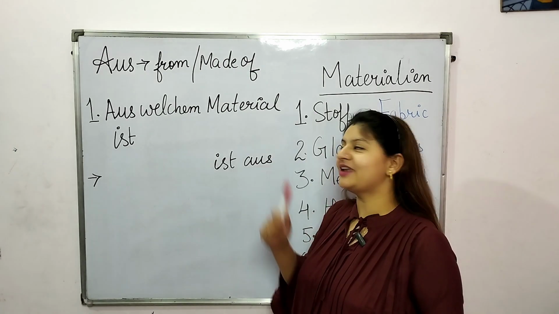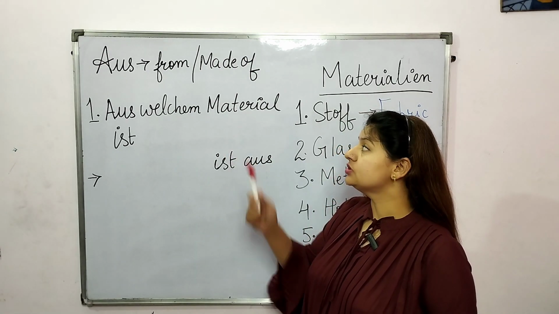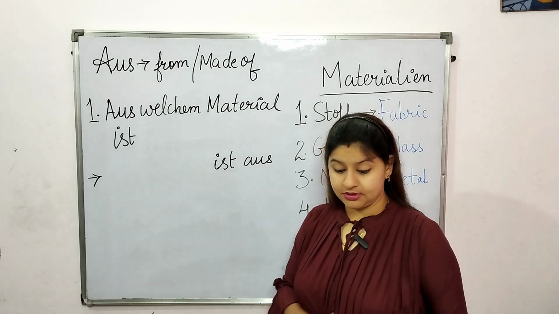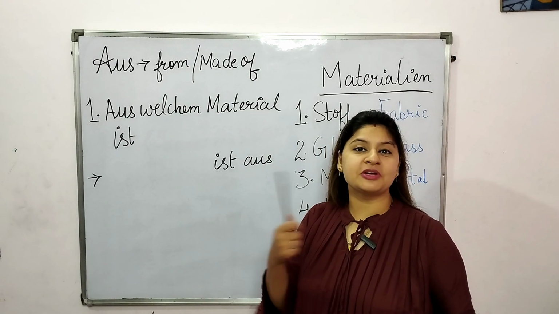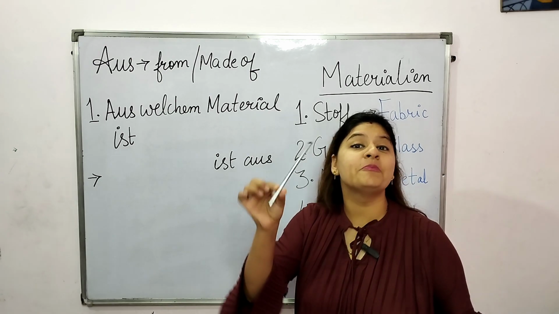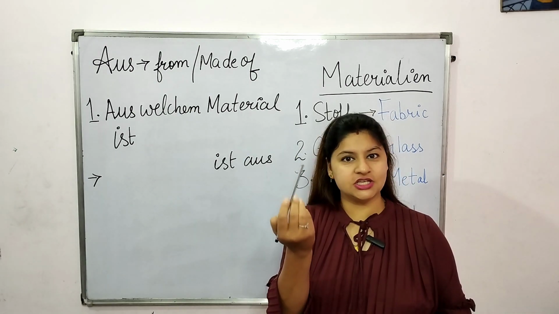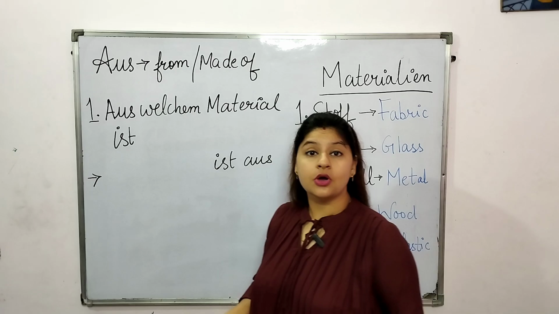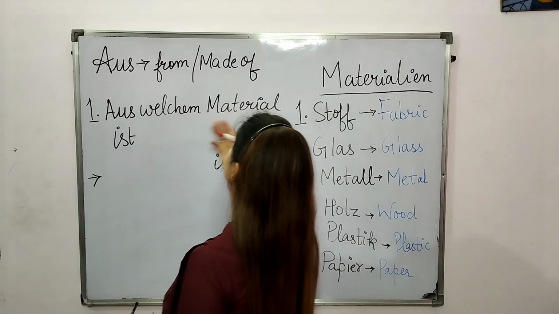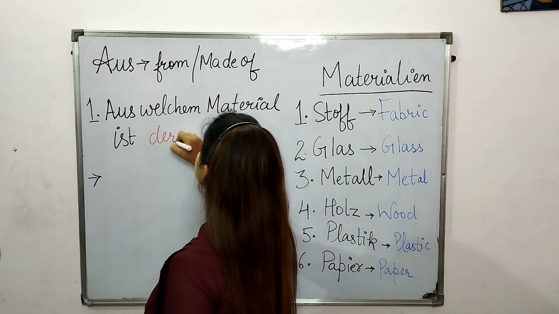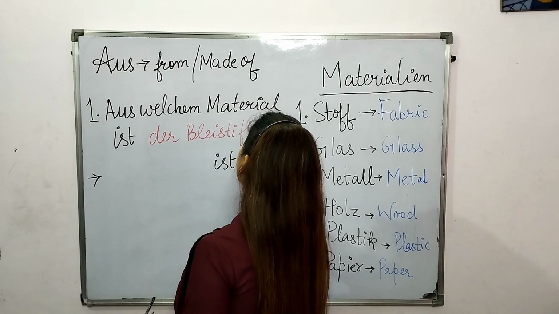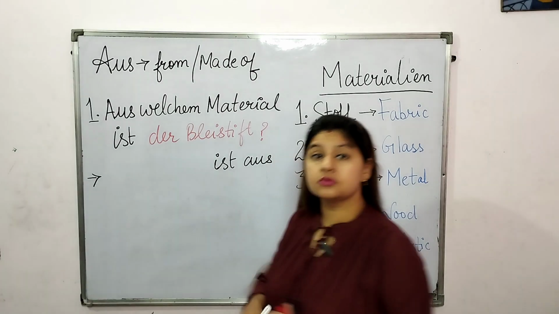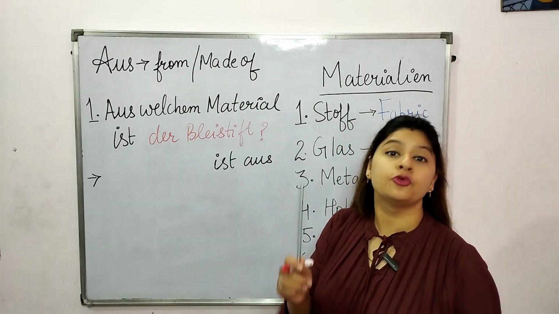So, moving to the next example. Aus welchem Material ist der Bleistift? We know Bleistift, this is a pencil. I am writing here, aus welchem Material ist der Bleistift? We all know a pencil is made up of wood.